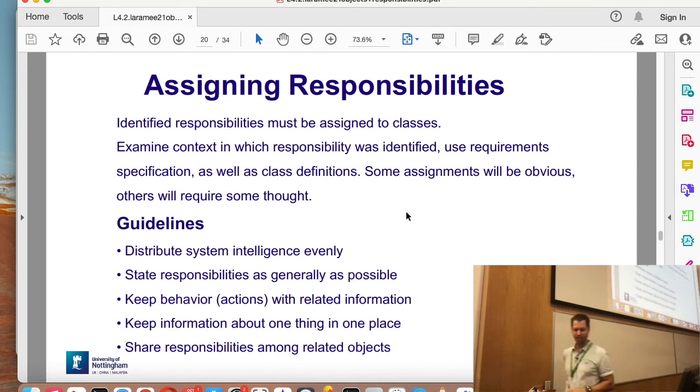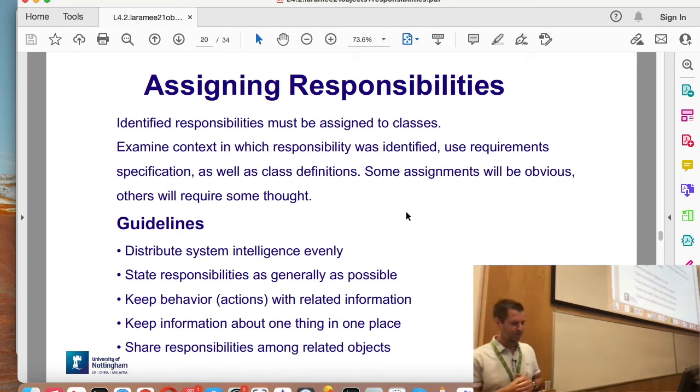That's a fundamental lesson that you already know about. Keep information about one thing in one place. So the time is only kept in the time class and nowhere else. Anybody know the reason why that's a guideline?